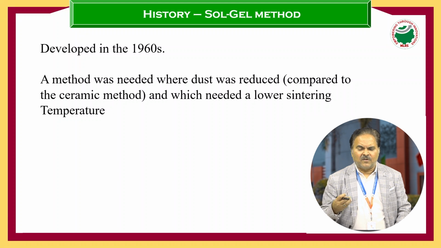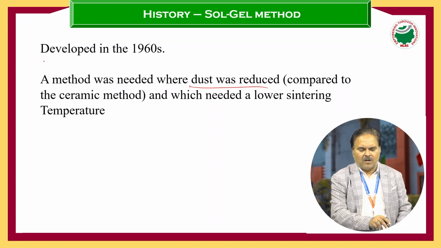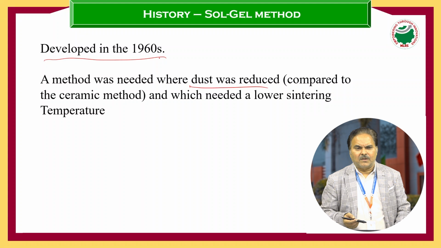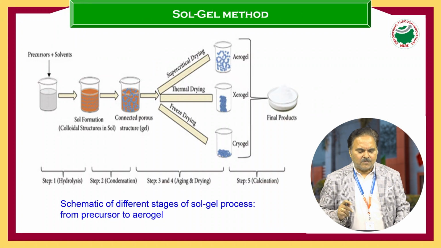That is a lot of energy waste, and we can also reduce the dust using this gel method. This gel method was developed in the 1960s, and there were some other materials before that, but mostly the Sol-Gel is famous after 1960. So this is the history of the Sol-Gel method.